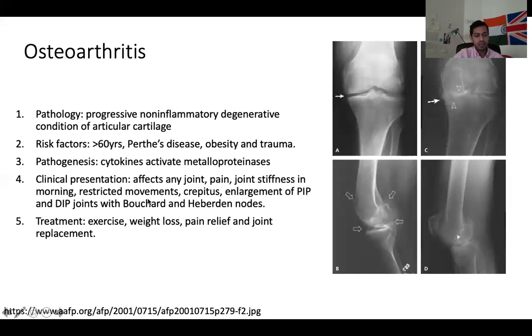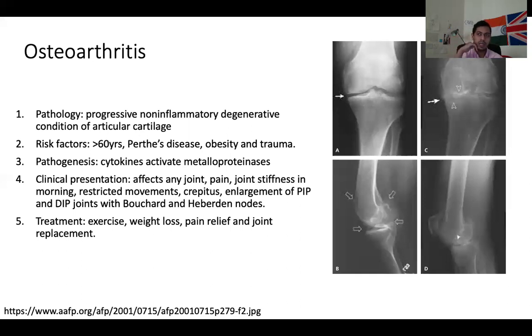as you get older, it becomes more prominent and more common just because of the wear and tear. So it can affect any joint. There will obviously be pain whilst moving. There can be some joint stiffness as well in the mornings, and the duration of the joint stiffness is actually the differential for distinguishing between rheumatoid arthritis and osteoarthritis.